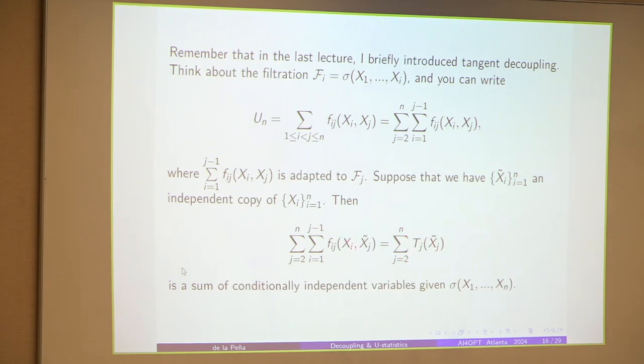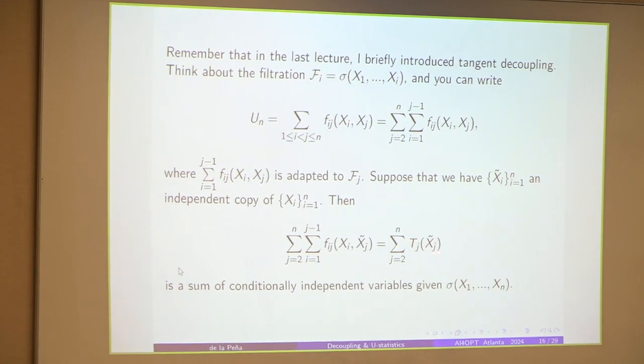If you fix the X's, you think of the X's as constants, then when you condition on the X's, this becomes a sum of independent variables. So the results on empirical processes that were known at the time involve sums of independent variables.